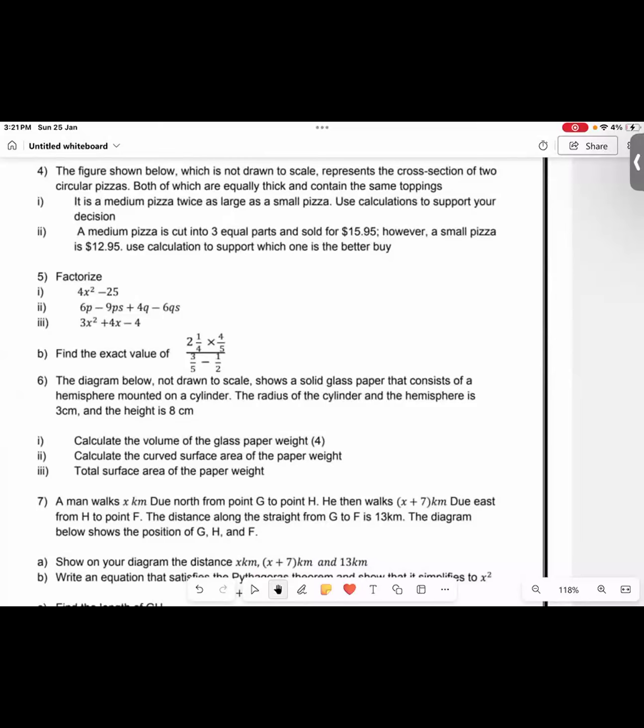The question they're asking is, is a medium pizza twice as large as a small pizza? And whatever decision you make, you're supposed to use calculations to support your decision.